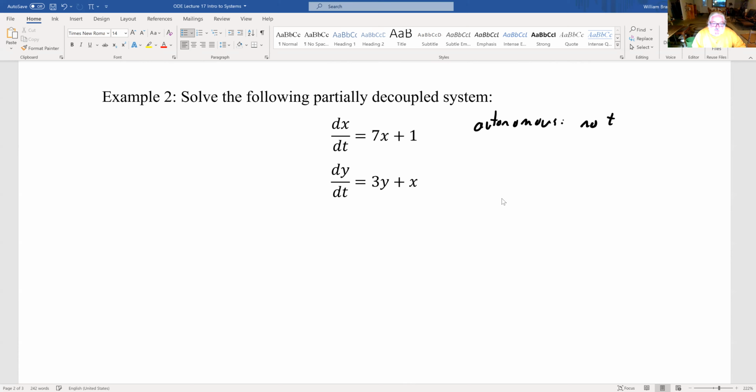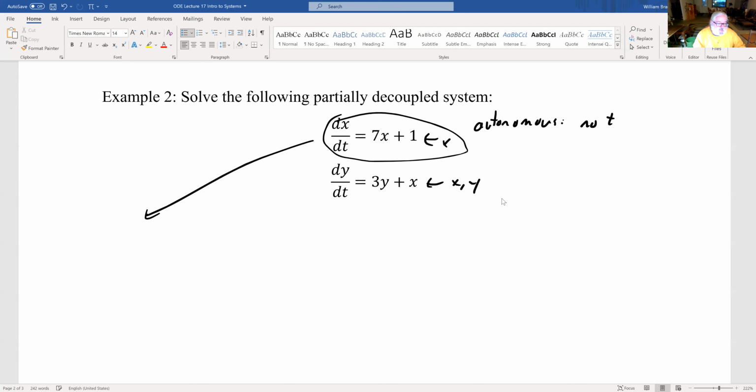Which is that t does not explicitly appear on the right-hand side. x depends only on x. y depends on both x and y. So I can solve this one first. And my solution will be a homogeneous solution plus a particular solution.